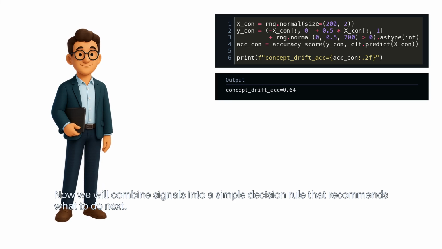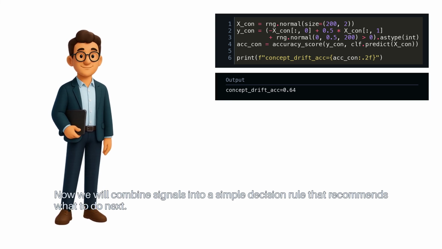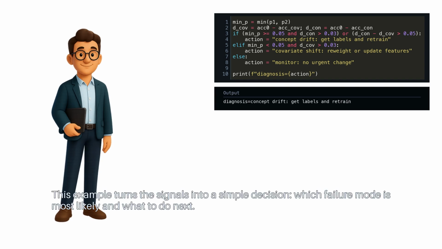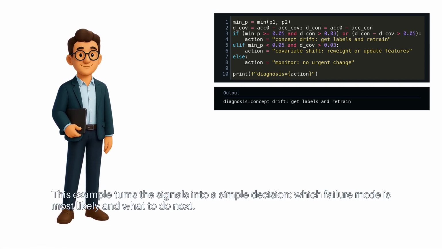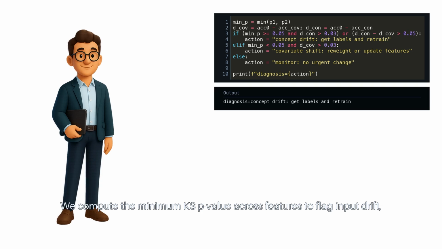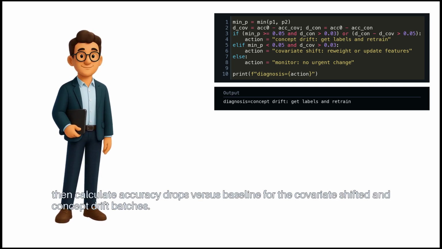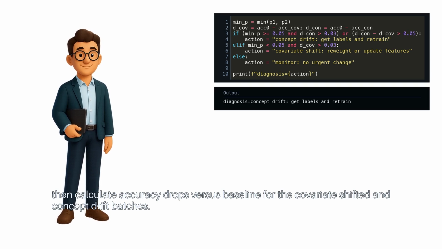Now, we will combine signals into a simple decision rule that recommends what to do next. This example turns the signals into a simple decision: which failure mode is most likely and what to do next. We compute the minimum KS p-value across features to flag input drift, then calculate accuracy drops versus baseline for the covariate shifted and concept drift batches.